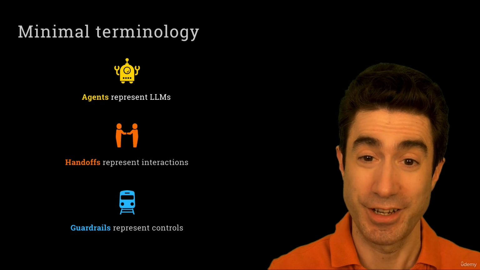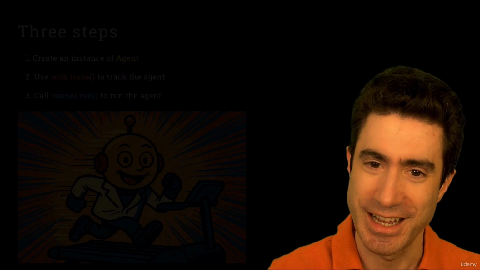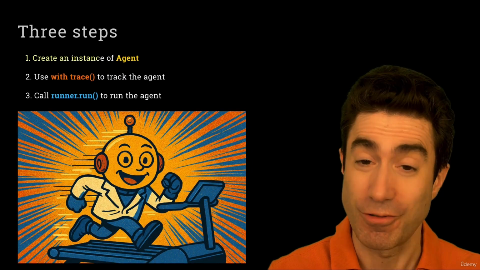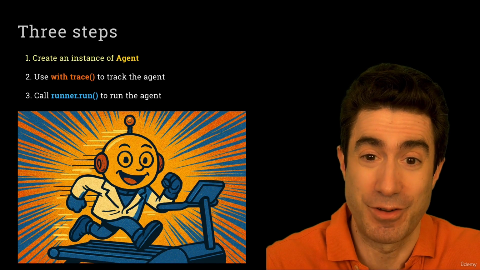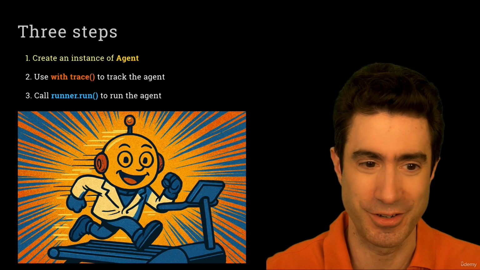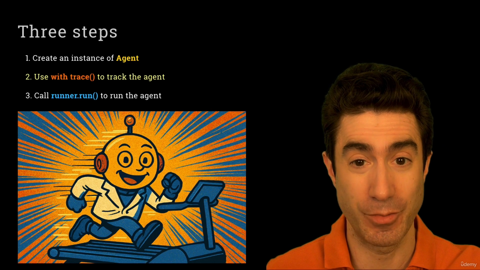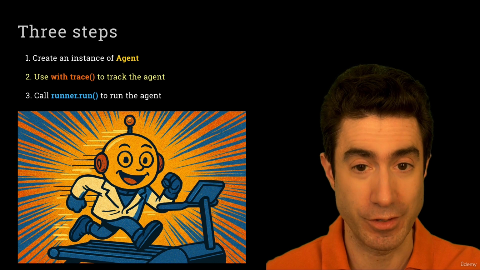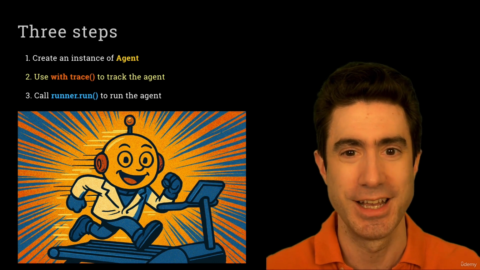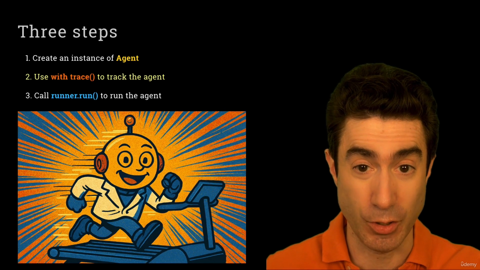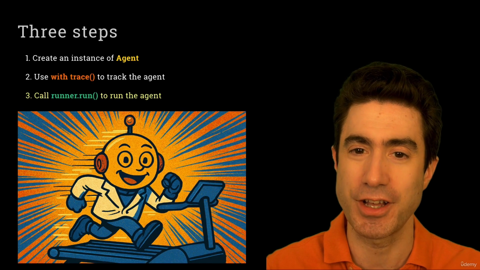So in order to actually run an agent, there are 3 steps that you have to take. And here they are. You create an instance of agent. It's going to be the thing that you're going to set up to be one of the roles in your solution. You use something called with trace to be able to keep a log of all of your interactions with that agent. This isn't required, but it's going to be the way we will do it, and we will always do it this way. And it's going to allow us to look in OpenAI's monitoring tools and see everything that's going on. And then you call something called runner.run.